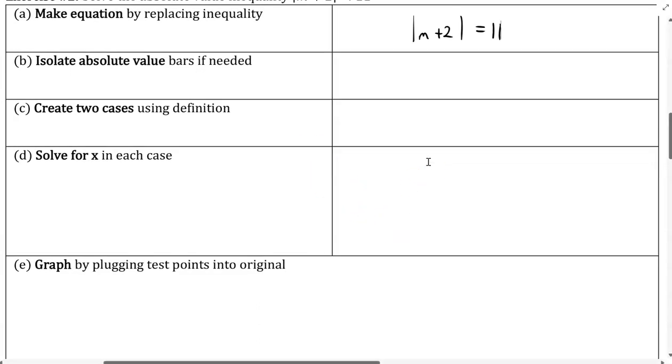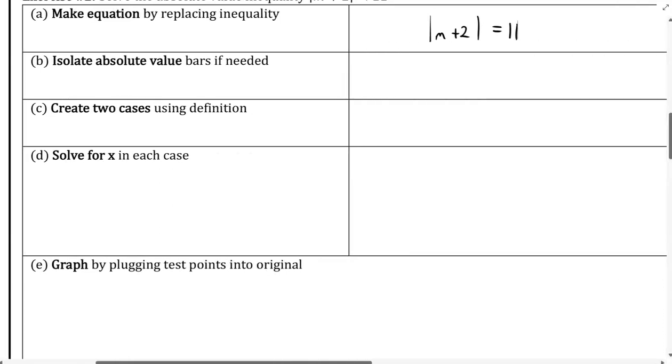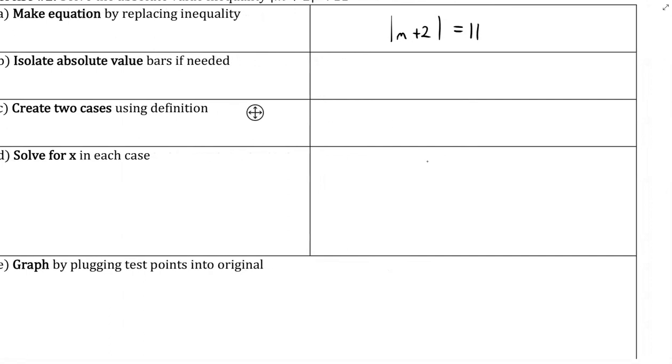And now that the absolute value bars are isolated, we can then use the definition to create our two cases. Recall that that means we have the positive case, so whatever is inside the absolute value bars. So in this case, what is inside the absolute value bars? It's m plus 2.